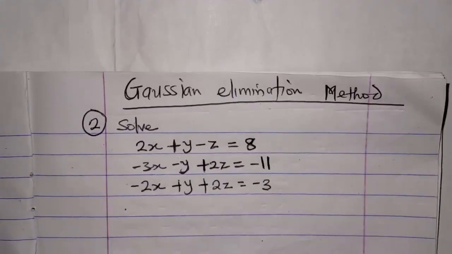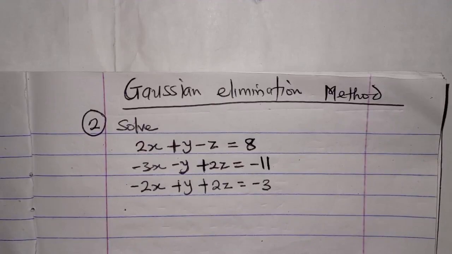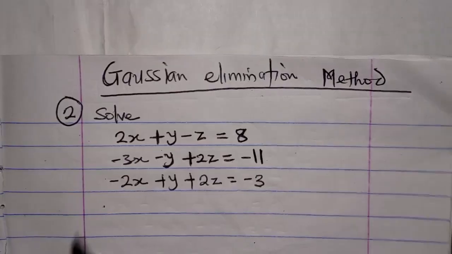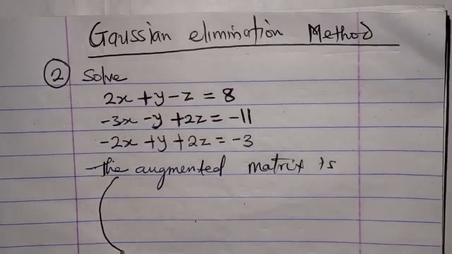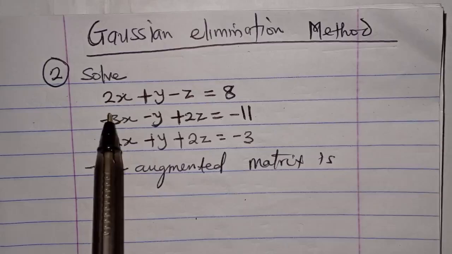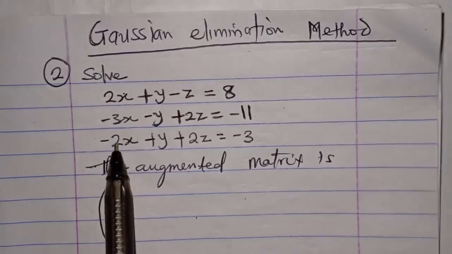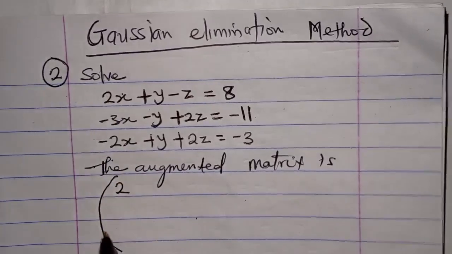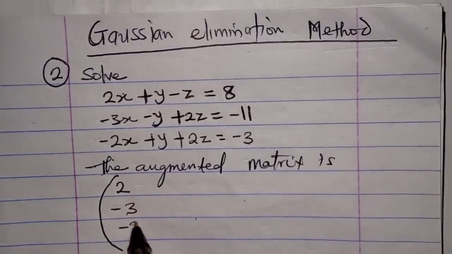Let's solve this system of equations using Gaussian Elimination Method. The second question now. We can go straight to the augmented matrix. This is it. The coefficient of x, 2, minus 3, minus 2.